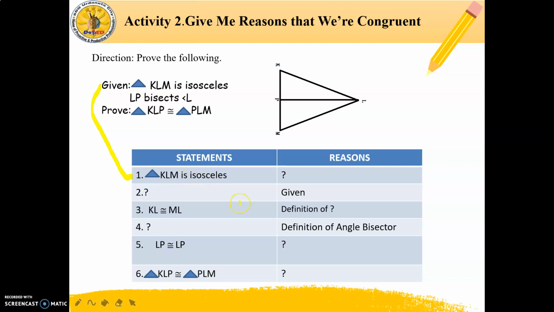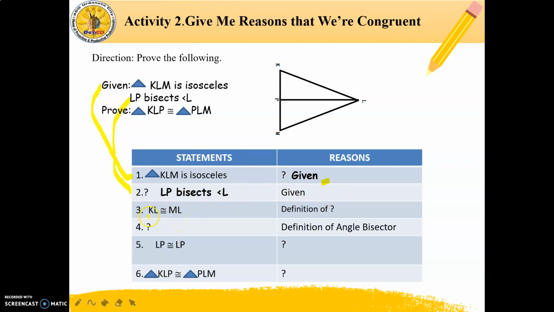Triangle KLM is isosceles, and that is your given. That's what you write in the reason column. Another given is that LP bisects angle L. That's what you write in number 2 under the statements column. For what reason? It's the given.